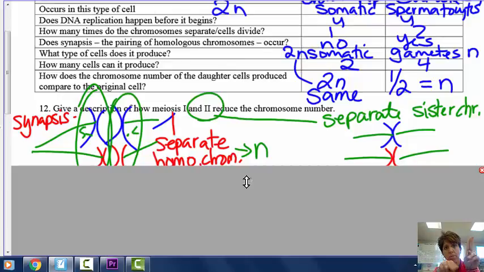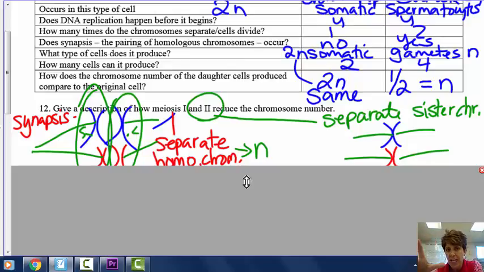So chromosome 1 replicated and chromosome 1 replicated come together and form a tetrad. The way they line up is independent assortment. That means that chromosome pair 1 might line up mom on this side, dad on this side. Chromosome 2 might come in with dad on this side, mom on this side. And when I say dad and mom, I mean the chromosome that originally came from mom in the egg and the chromosome that originally came from dad in the sperm.